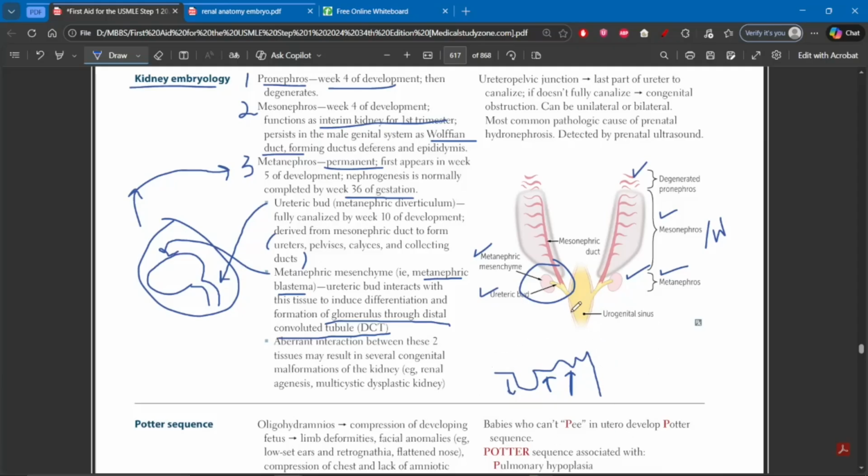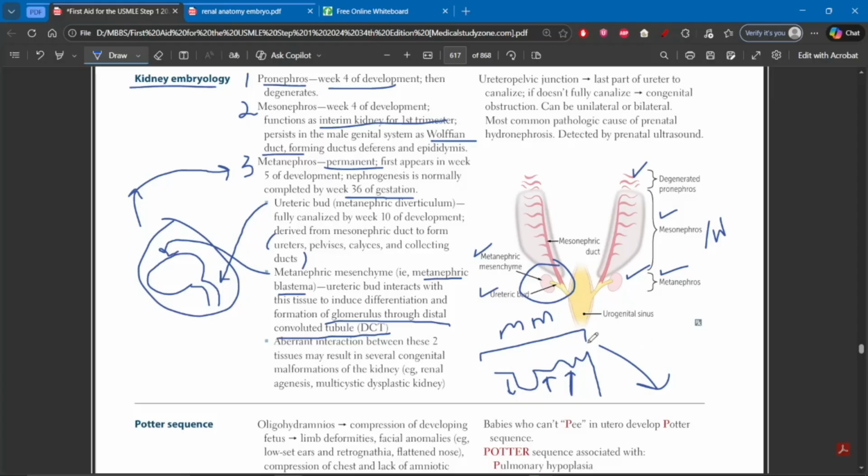What is happening is that the part which is proximal is formed by the metanephric mesenchyme. And the part after this, because many nephrons together will form a whole network of nephrogenesis, of nephrons.